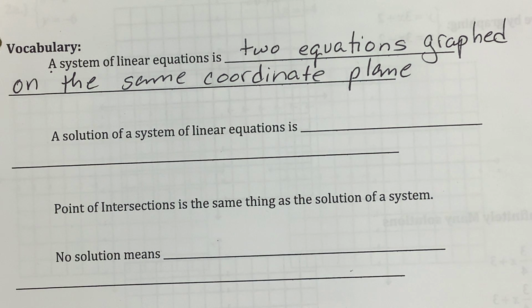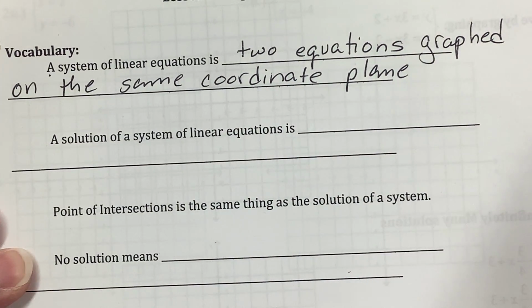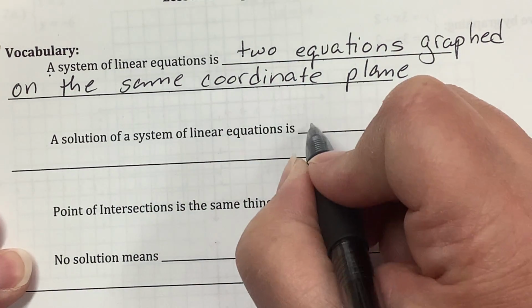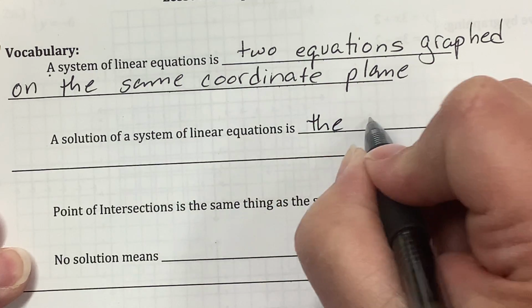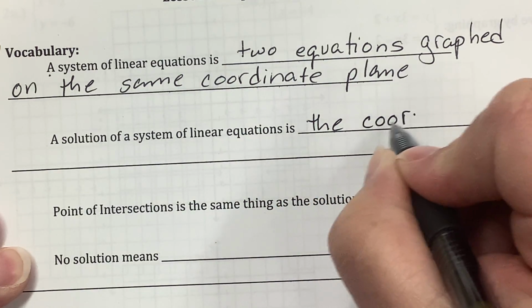A solution to a system of equations is the point where the two equations cross. It's not so bad. Well, it's actually the coordinates of the point where the two equations cross. Coordinate.